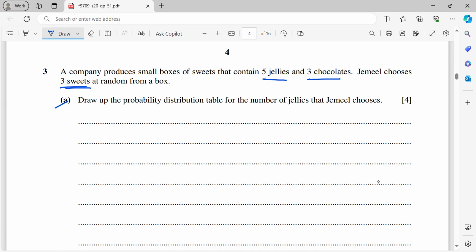Now, draw up a probability distribution table for the number of jellies that Gmail chooses. So now we are interested in the jellies, and you can choose a maximum of 3 jellies here. So let's say X is the number of jellies.